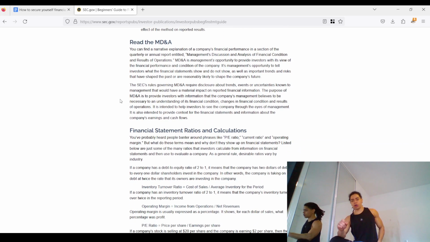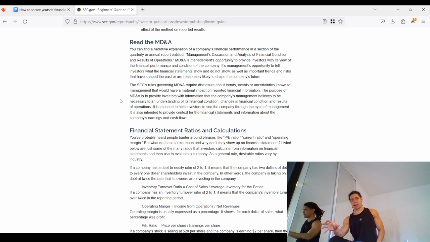Okay, and when it comes to another particular financial statement, such as the MD&A, which is the management discussion and analysis of financial condition and results of operations, this section gives investors, from management, an opportunity to see important trends that have shaped the company's past or will likely shape its future.